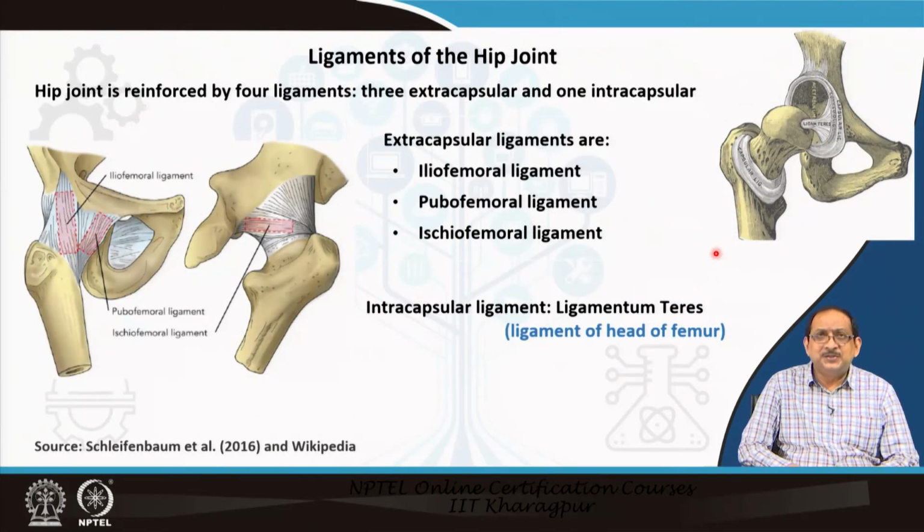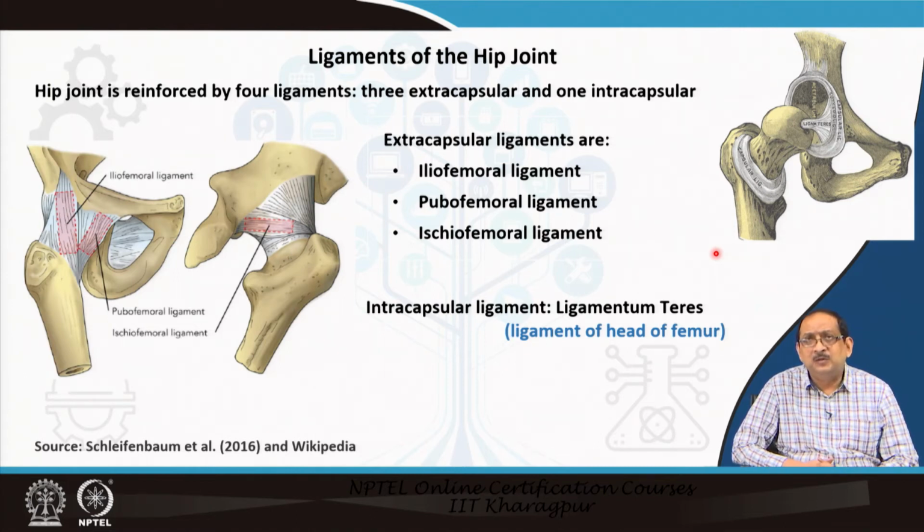The ligaments of the hip joint play an important role in stabilizing the joint. The hip joint is reinforced by 4 ligaments, out of which 3 are extracapsular and 1 intracapsular.